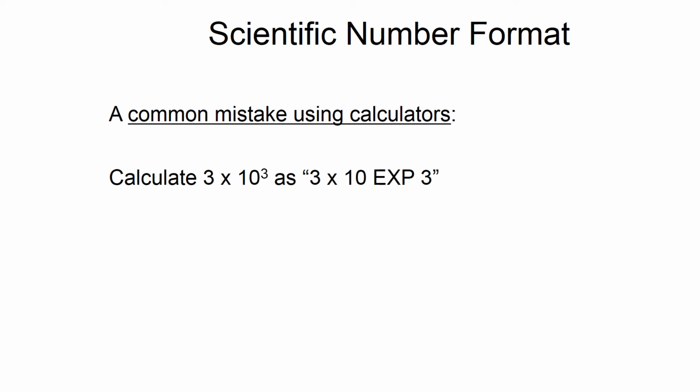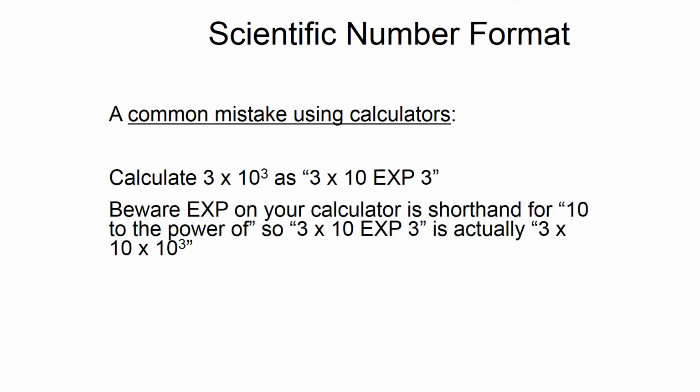And then you would press the exponent. If it's a negative exponent, if I wanted to do 3 times 10 to the minus 3, there should be a button on your calculator that's not the minus button. Okay? So that's the button you would press for that.